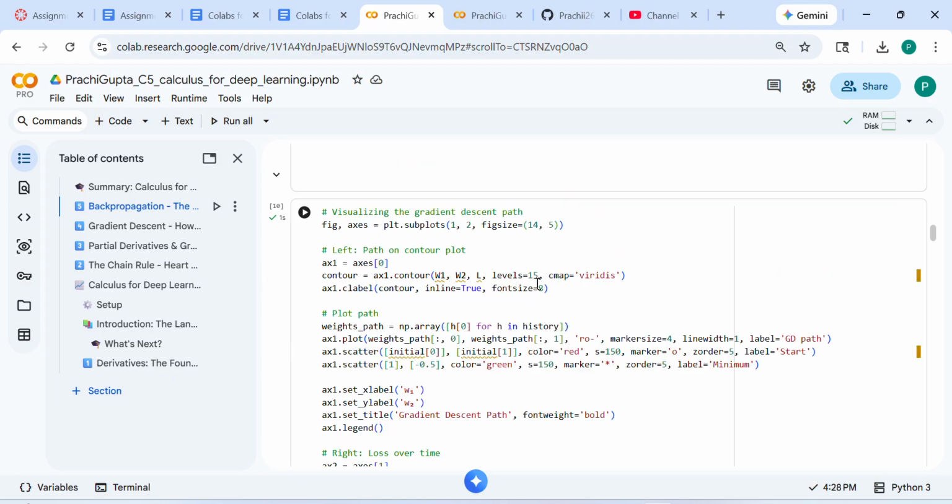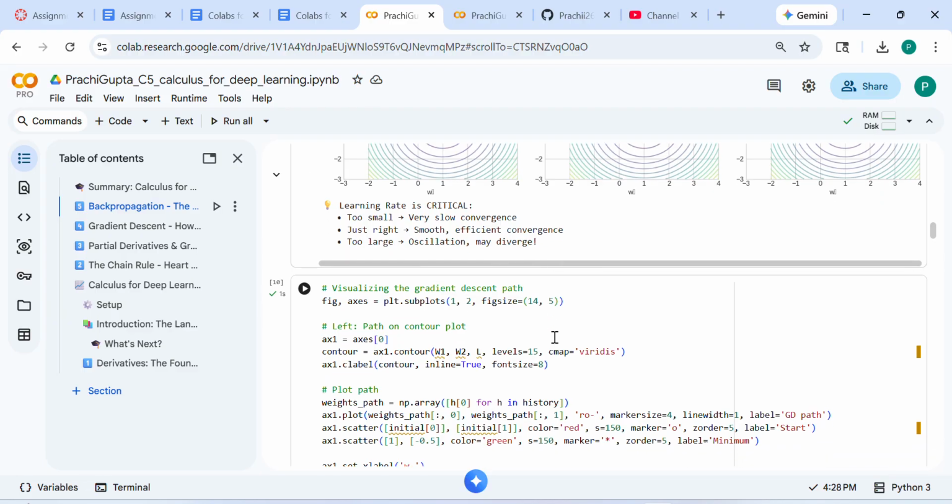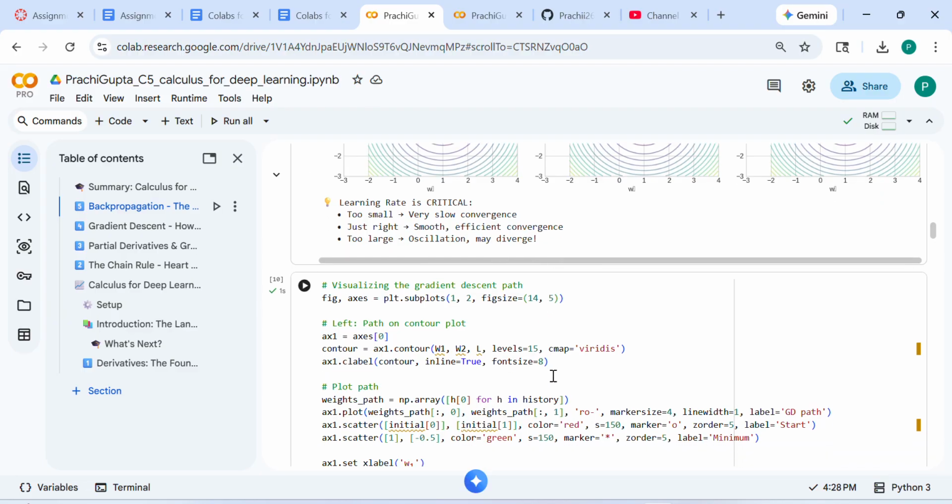Let's plot it now. Let's visualize the gradient descent path that we have just done. This code uses the stored history from the gradient descent. It draws the loss contours again and then overlays the path. It shows where the weights started and how they moved step by step towards the minimum.